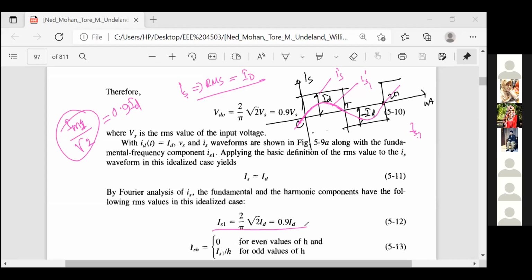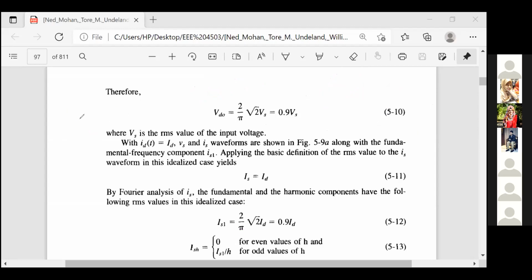You ask me from where we have got it. From chapter 3, you can always find this one, but I can prove it in a very easy way. Suppose it is a lossless conversion.